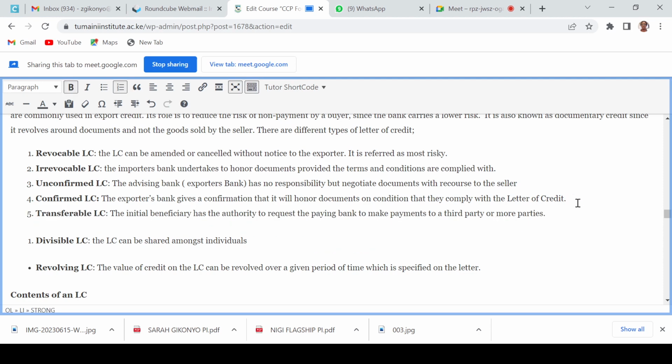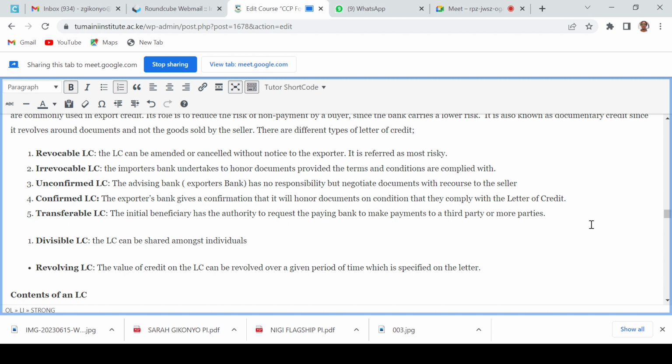So unconfirmed. Then we have the confirmed. The exporter's bank gives a confirmation. Remember, we said we will find more. Or let me use the exporter or the seller bank gives a confirmation that it will honor documents on condition they are complied with the letter of credit.